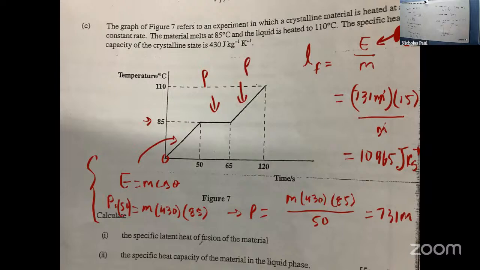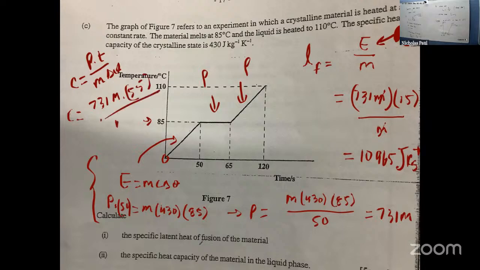What shall I get? 1608. Okay. So c is equal to power by time all over m delta theta. The power was 731 m. The time is 55 seconds. The temperature change is 25.